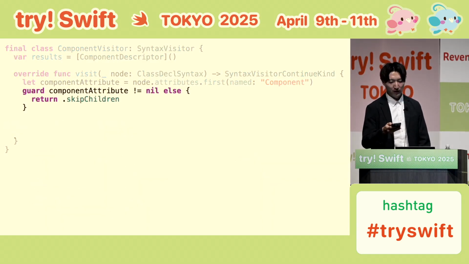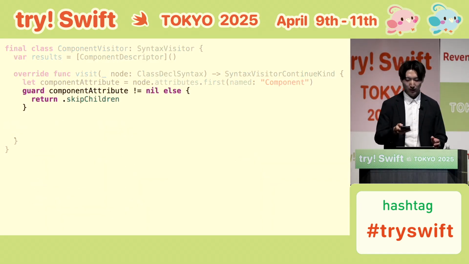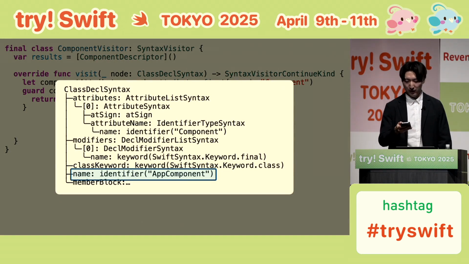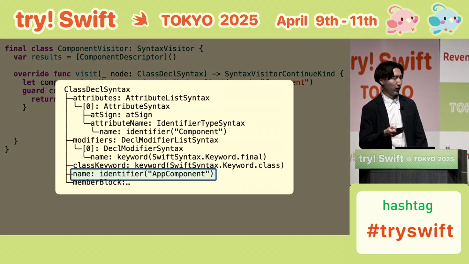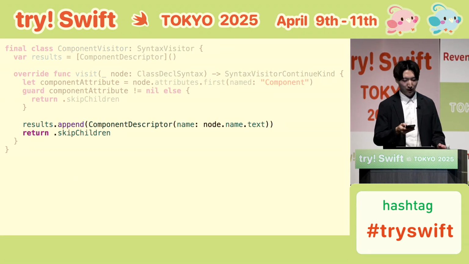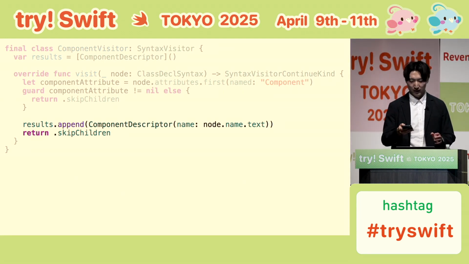Next, we verify that the component attribute we found is not nil. Finally, to retrieve the class name annotated with @AddComponent, we access node.name.text, initialize a ComponentDescriptor, and store it as a result.